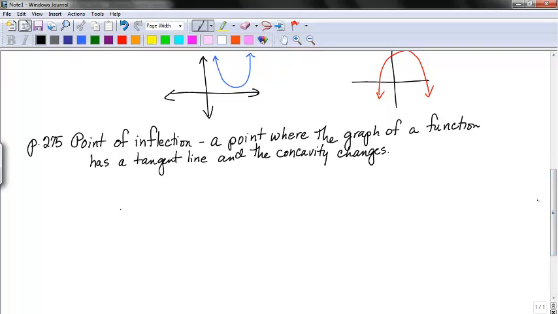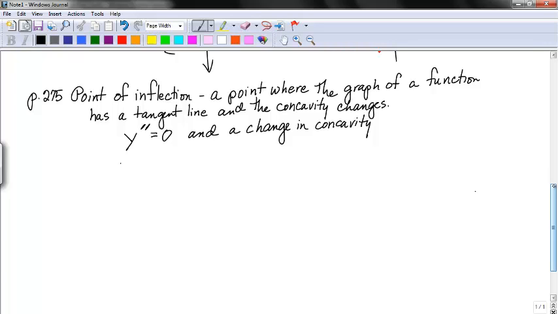Basically, to find a point of inflection, you have to have 2 things. The second derivative, f double prime or y double prime, has to equal 0, and there has to be a change in concavity. So you find the second derivative, set it equal to 0, solve for x, and then make sure there is a change in concavity. We'll do some more of that in the next section.